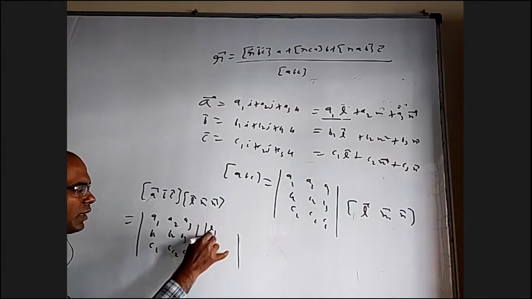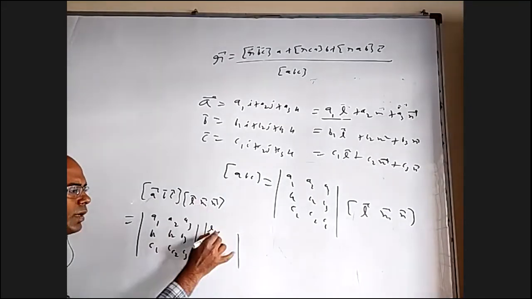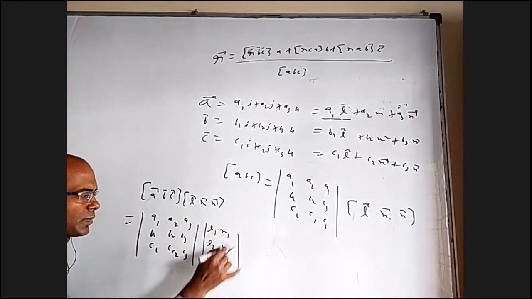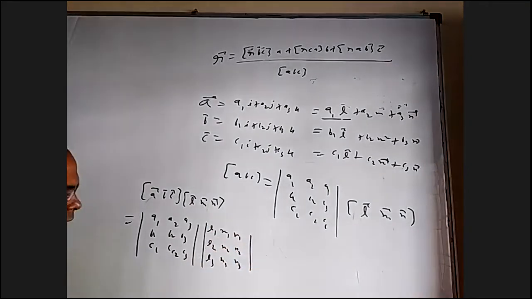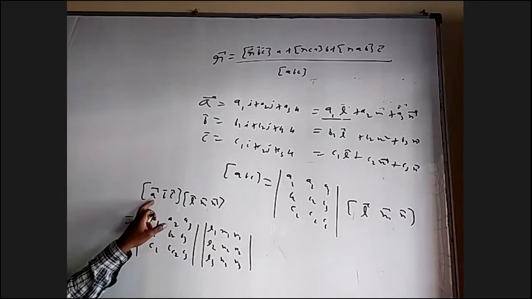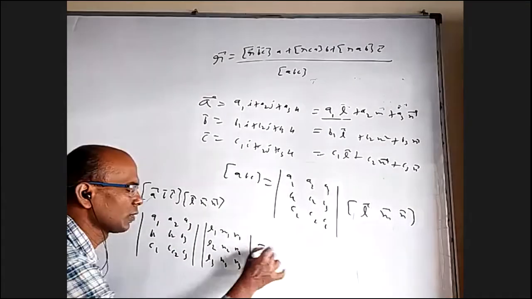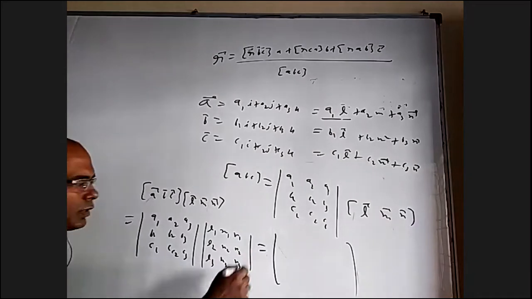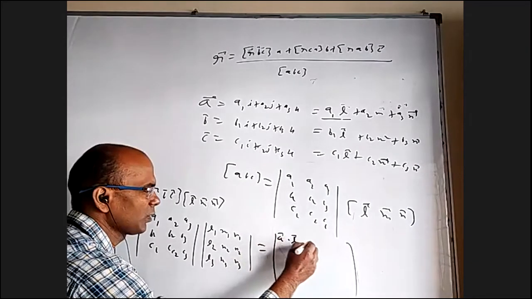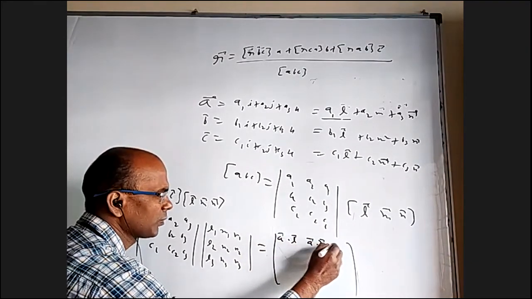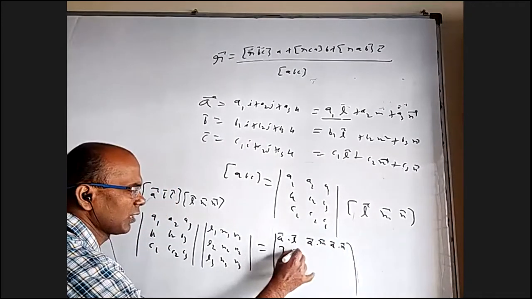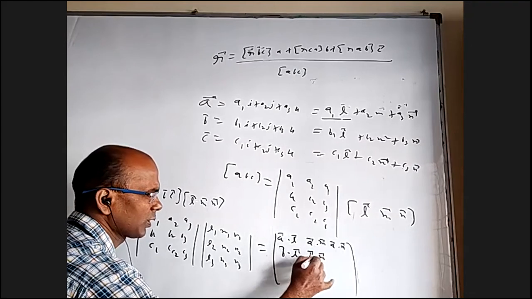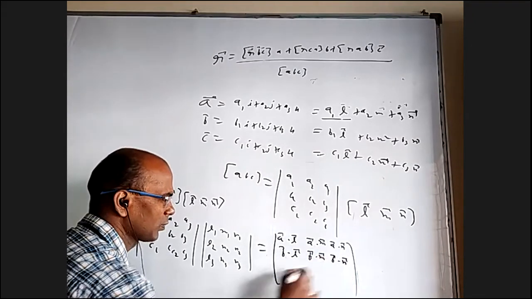L bar is L1I plus L2J plus L3K, M bar is M1I plus M2J plus M3K, and N bar is N1I plus N2J plus N3K. When you take this into this, it is nothing but A bar dot L bar. So when you actually multiply this, you will get A bar dot L bar, A bar dot M bar, A bar dot N bar. Similarly, B bar dot L bar, B bar dot M bar, and B bar dot N bar.